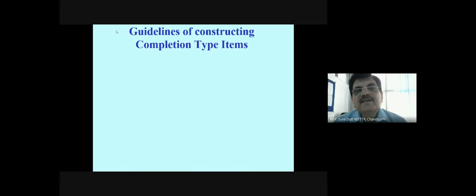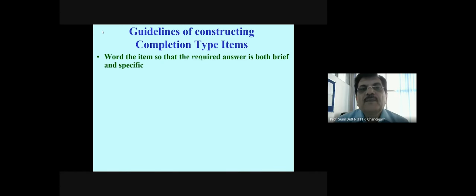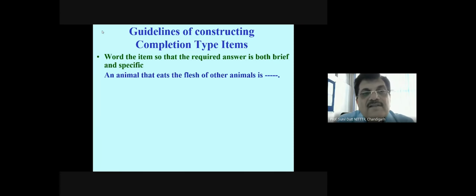And the guidelines of constructing a completion type item include that you word the item so that the required answer is both brief and specific. So you have to write the statement in such a manner that you can expect the required answer from the students. For example, if I ask this question, an animal that eats the flesh of other animals is dash, the student can answer any animal.